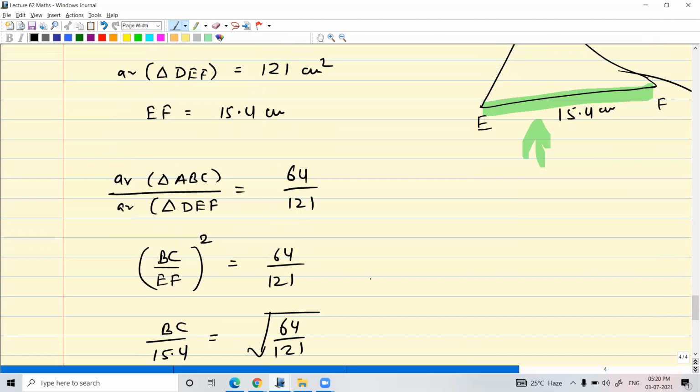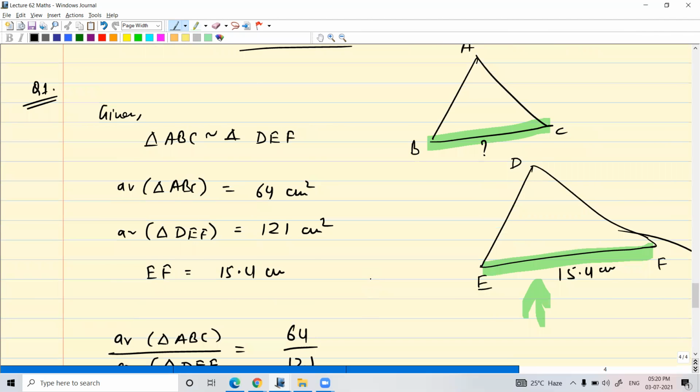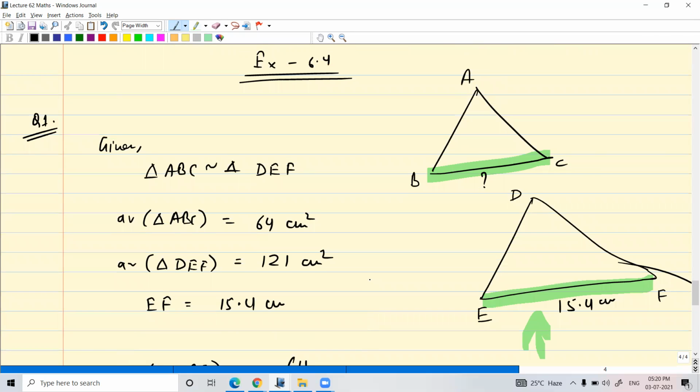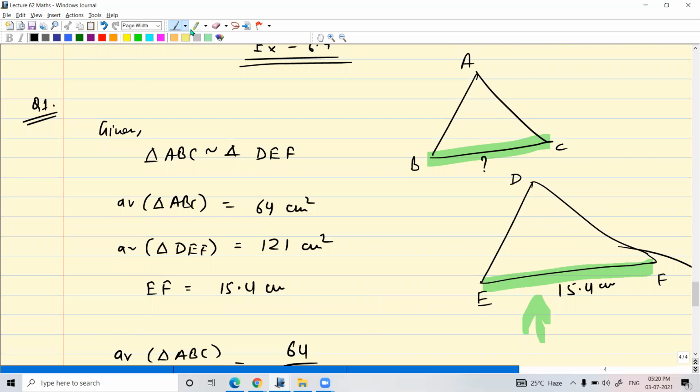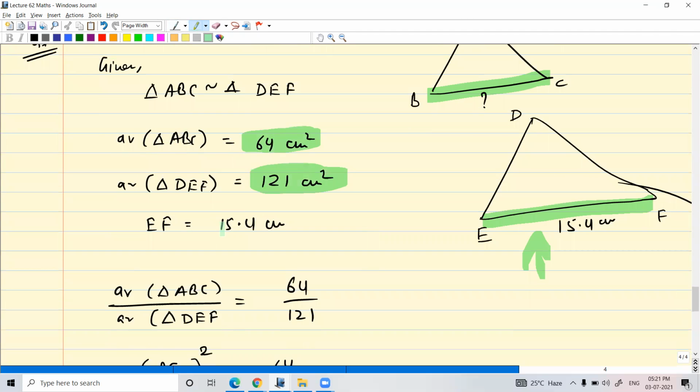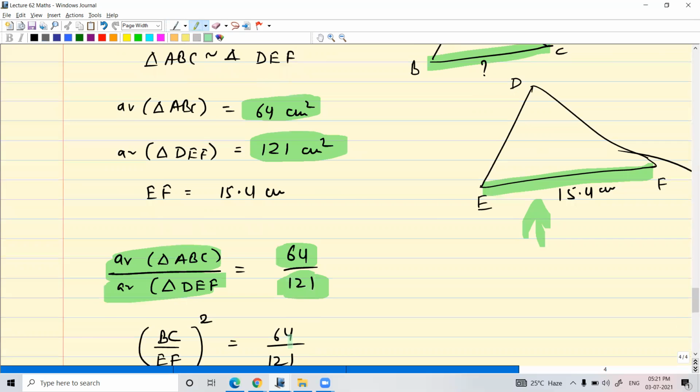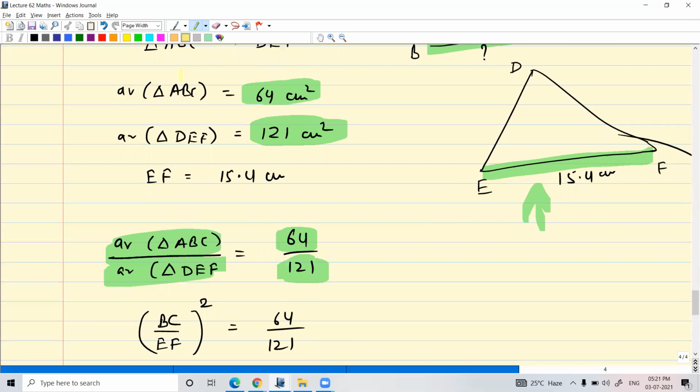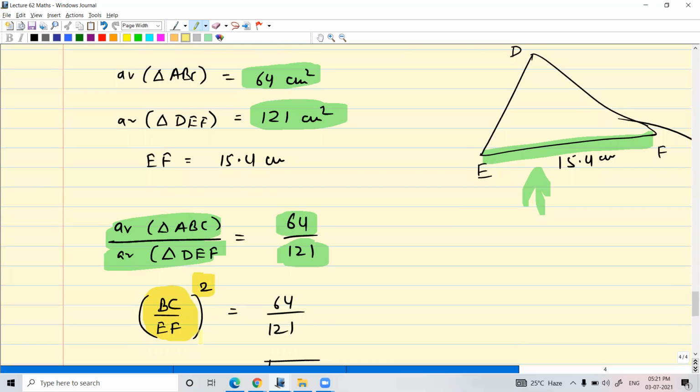Understood how we did this? Two triangles were given similar already, and their areas were also given, 64 and 121. So we wrote them as a ratio. Area of triangle ABC by DEF is equal to this much. But we know already that if two triangles are similar, then the ratio of their areas is equal to the square of the ratio of their corresponding sides.